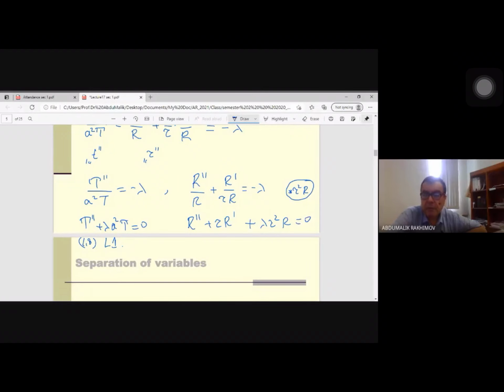So this is the Bessel equation of order 0. Let me remind you of the Bessel equation. We have r squared here, right? When we multiply, we have r squared here.